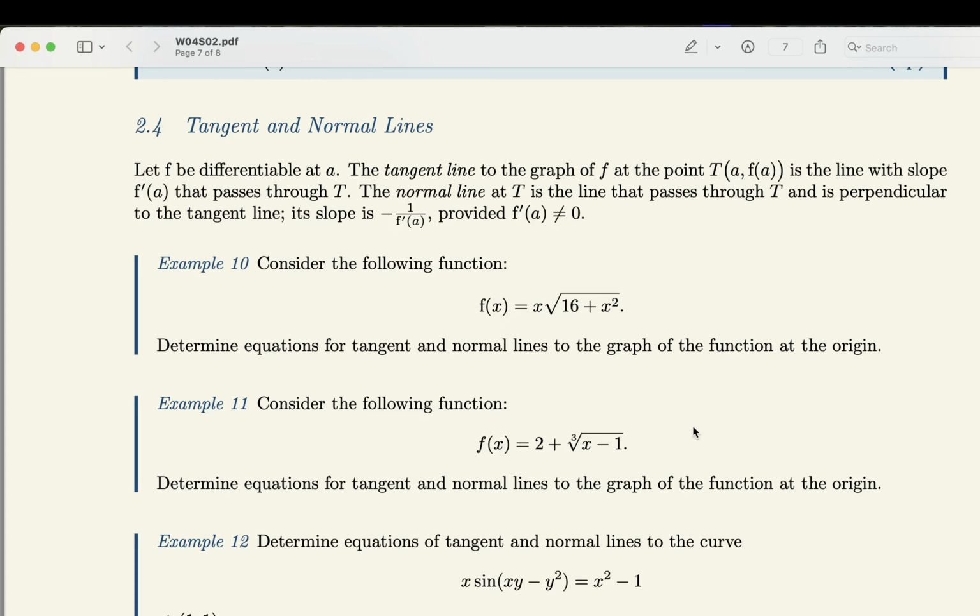Okay, but can you tell me what will be the equation for the normal line? You learned something in high school. If two lines are perpendicular, what can I say about the slopes? The product of them should be -1. In other words, one of them is minus the reciprocal of the other one. So if I ask you what is the equation of the normal line, because the normal line passes through the same point, these two will not change.